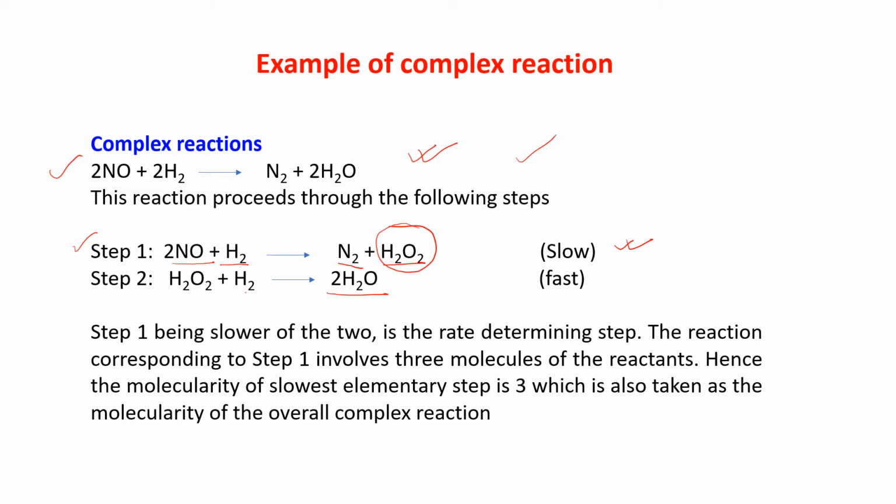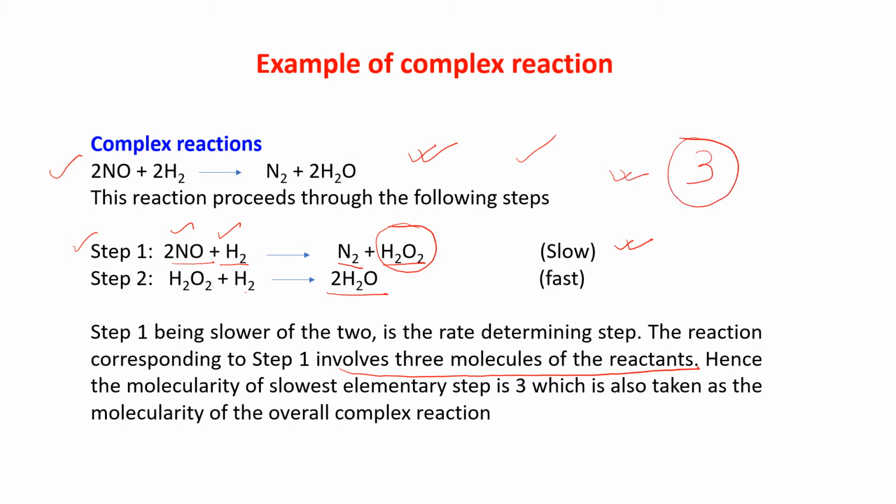You can see that it is 2 NO and 1 hydrogen. So 3 molecules. Hence, the molecularity of the slowest elementary step is 3, which is also taken as the molecularity of the overall complex reaction. So for this particular reaction, the molecularity is 3.